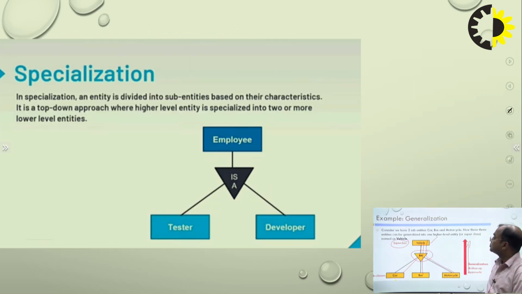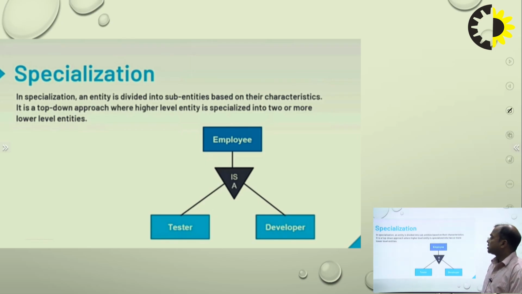Next is specialization. There are three features when we study the extended ER model. Specialization is the second process after generalization.